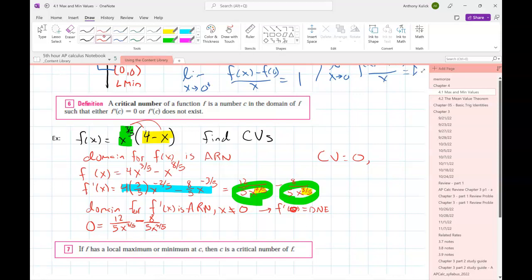Probably the easiest thing to do would be to factor out 5x, or, let me retract that, we'll take out 4/5 x to the 2/5. So that's going to become 3 minus, and then when I divide 8 by 4, I get 2. The 5 goes out of there, and I'll be dividing x to the 3/5 by x to the 2/5. So when I divide exponentials, I subtract the exponents.